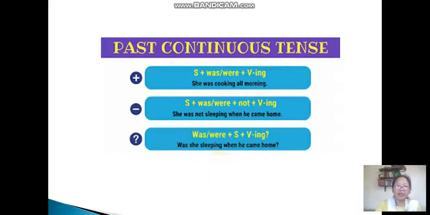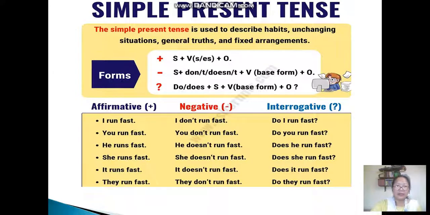Next I will explain to you present continuous tense. Present continuous tense is used to express an action that is taking place in the present time.